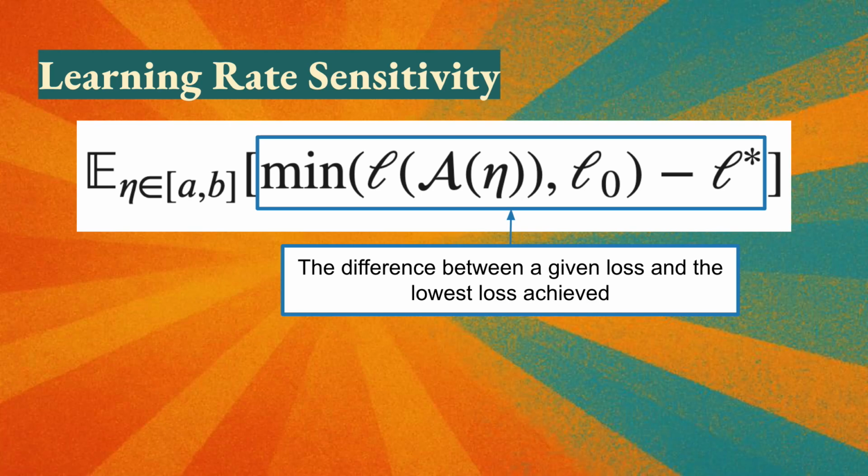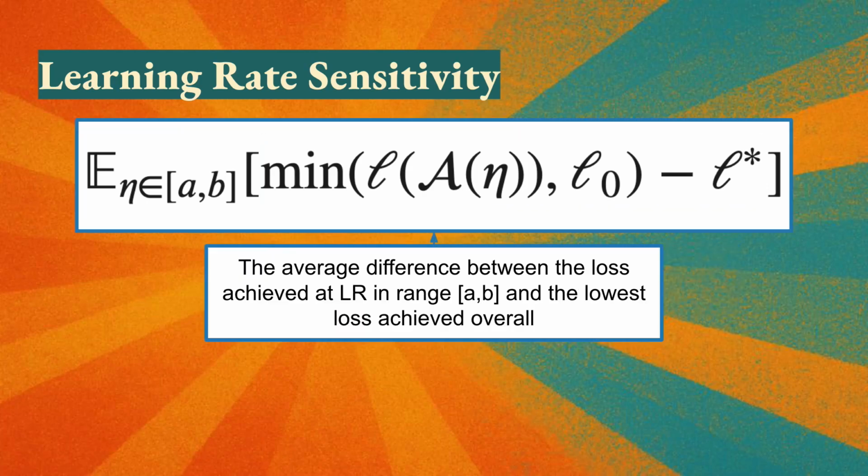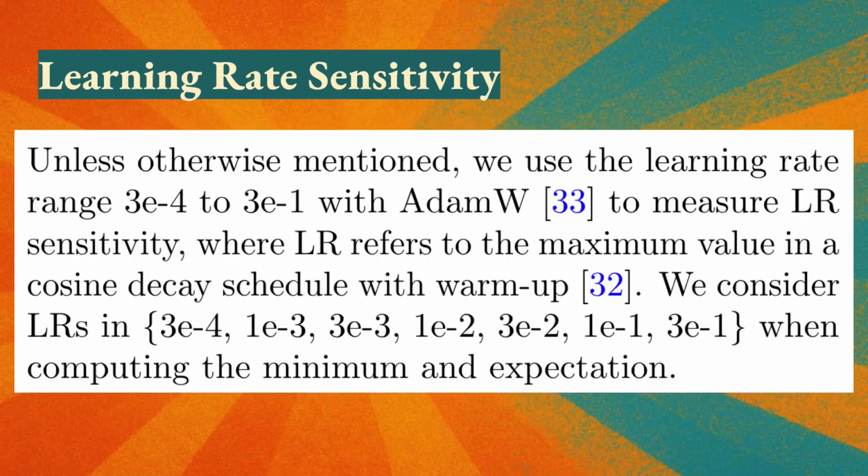In other words, we're trying to find a training regime where different learning rates can still give us close to an optimal loss. We take the average of that difference across the range, and that is our learning rate sensitivity value. Again, lower is better. They use these 7 learning rates from 3e-4 to 3e-1, and if they're not using that, they explicitly mention that in the paper for a given experiment.